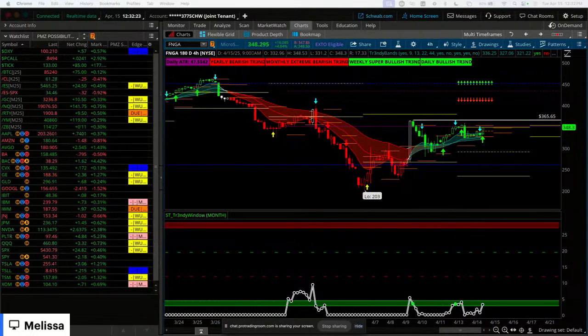So in a demand zone, I am looking to buy calls, or in a supply zone, I am looking to buy puts. You can use multi leg strategies to trade supply and demand. Obviously, in a demand zone, you're looking for those strategies that lean bullish, and in a supply zone, the strategies that lean bearish. And if we are in the middle, you can use the supply and the demand zone to set up those neutral type strategies.